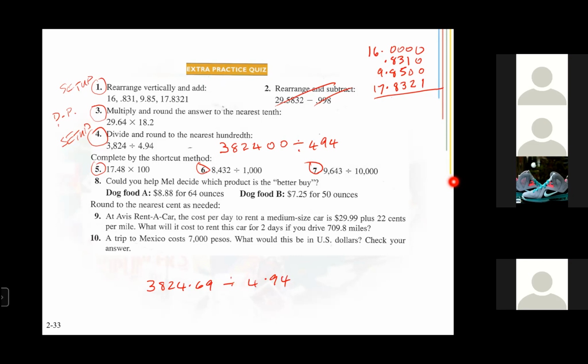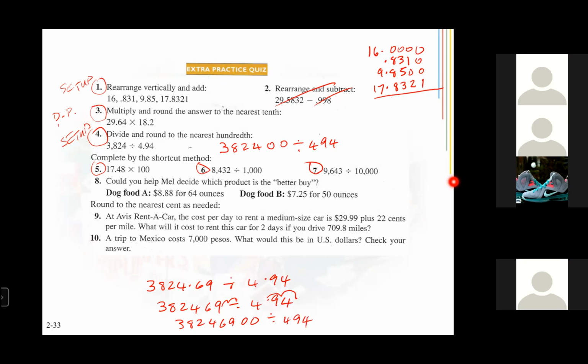No, I'm saying if we had 382469 divide by 4.94, right. Mm-hmm. So if you have to move the thing 2 places to the right for that one, you have to do the same thing, 1, 2. So it becomes 38246900 divided by 494. Okay.